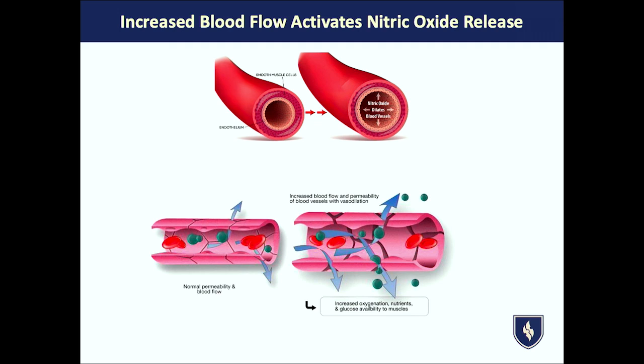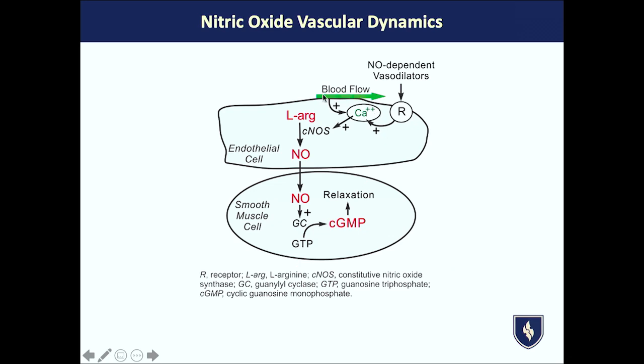A lot of that is happening because as you increase your heart rate, you get increased flow throughout your arteries, and this increased flow across the arteries stimulates blood vessels to then release nitric oxide, and that causes that vasodilating effect. And here you can see increased blood flow activates these nitric oxide receptors. These endothelial cells then produce nitric oxide. And this is one of the key things that not only helps with vasodilation, but protects the vascular endothelium.